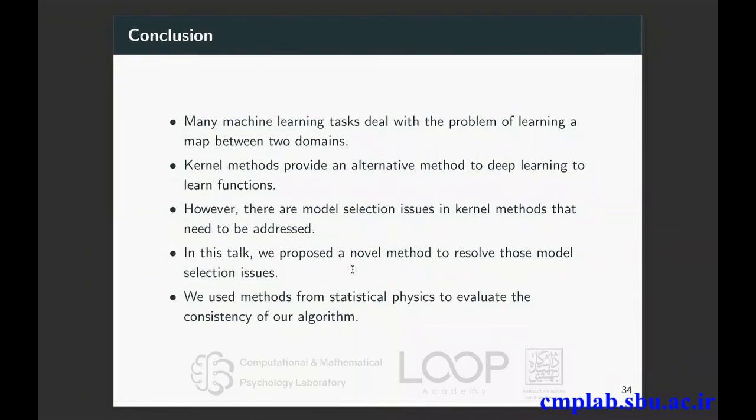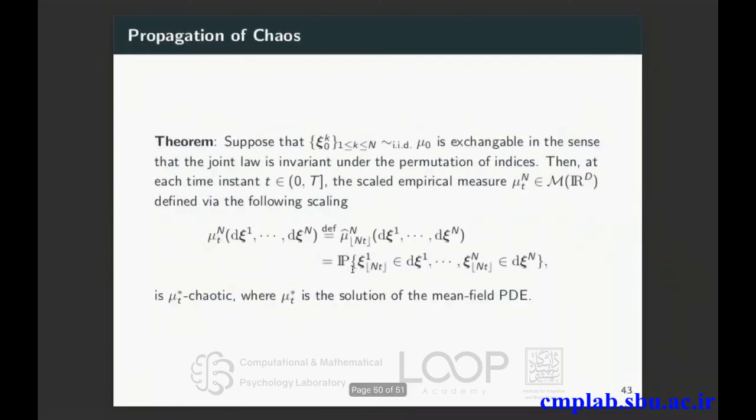In this talk, I gave you a way to optimize these kernels and resolve the kernel model selection problem. I also provided some properties of this algorithm and some theoretical and empirical results on benchmark datasets. Okay, I can take questions if there are any.